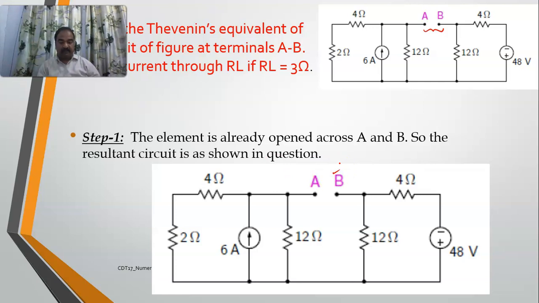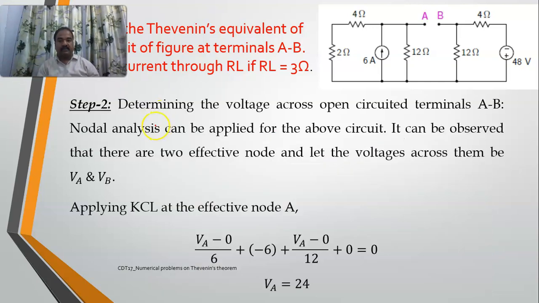Whereas step number 2 is about determining the Thevenin's voltage. We call it the open circuit voltage across the terminals A and B. Right. So you can apply nodal analysis for this one. When we apply nodal analysis, you can see that there are 2 effective nodes. This is 0, so I'll take this one as 0.